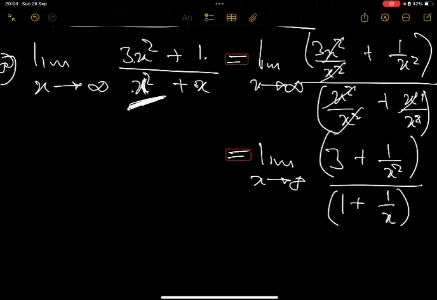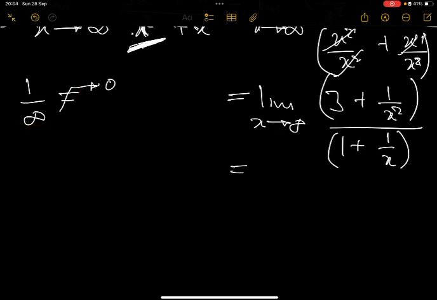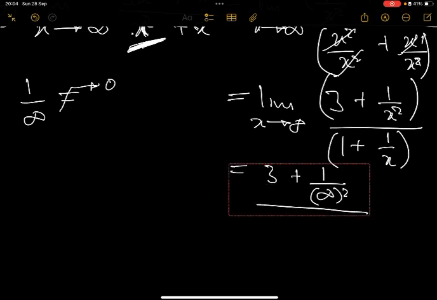If we substitute for x, we know that 1 over infinity tends to 0. So we'll get 3 plus 1 over infinity squared over 1 plus 1 over infinity.